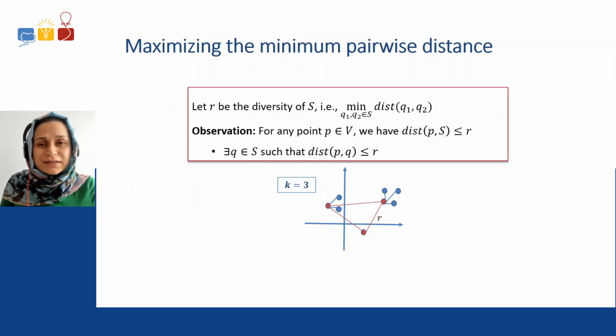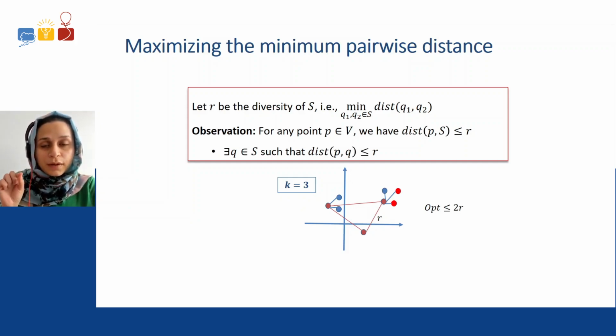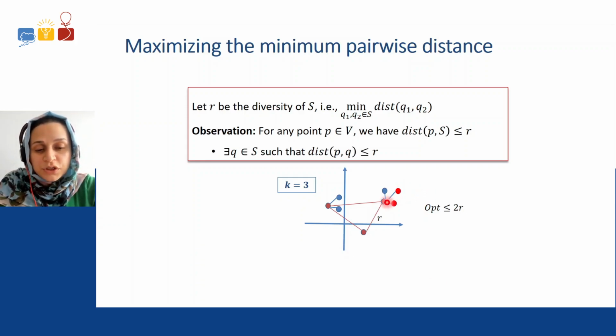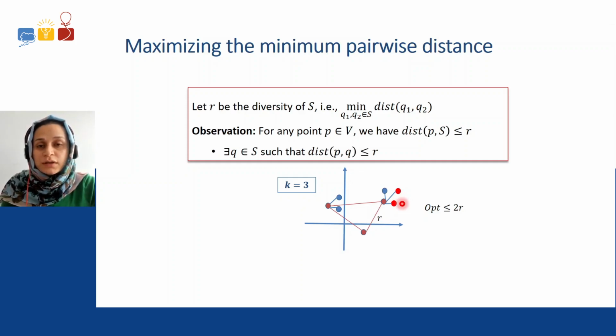So now this is enough to show that this solution is a factor 2 approximation. In particular, because the optimal solution has k points, there exist 2 points in the optimal solution whose closest picked point among the first k-1 iterations is the same. Okay, and because we know each of these distances is at most r, the distance between these 2 points in the optimal solution is at most 2r.